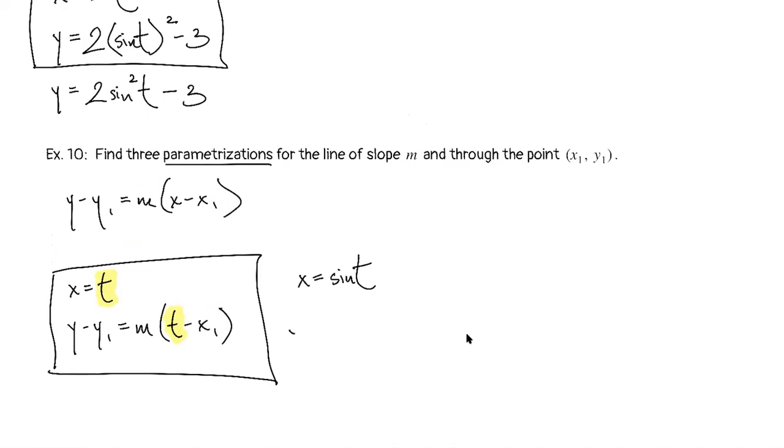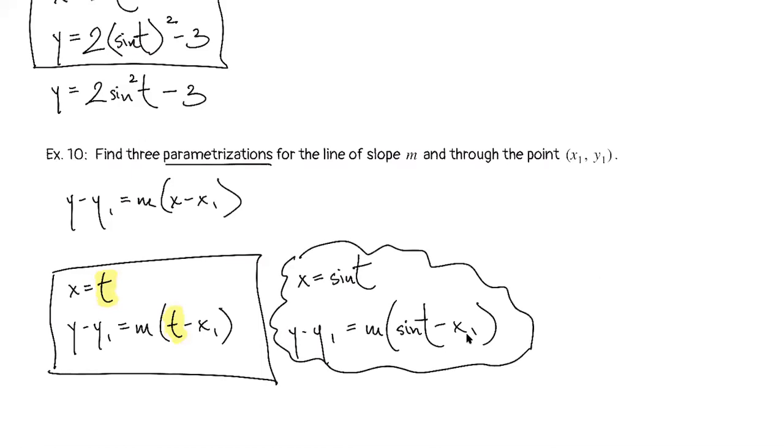And that would make this y minus y1 equals m(sine t minus x1). Okay, so this could be another option. And I follow this same pattern where whatever I plug in for x goes in the same place that I want to substitute that x into to get back to my original.